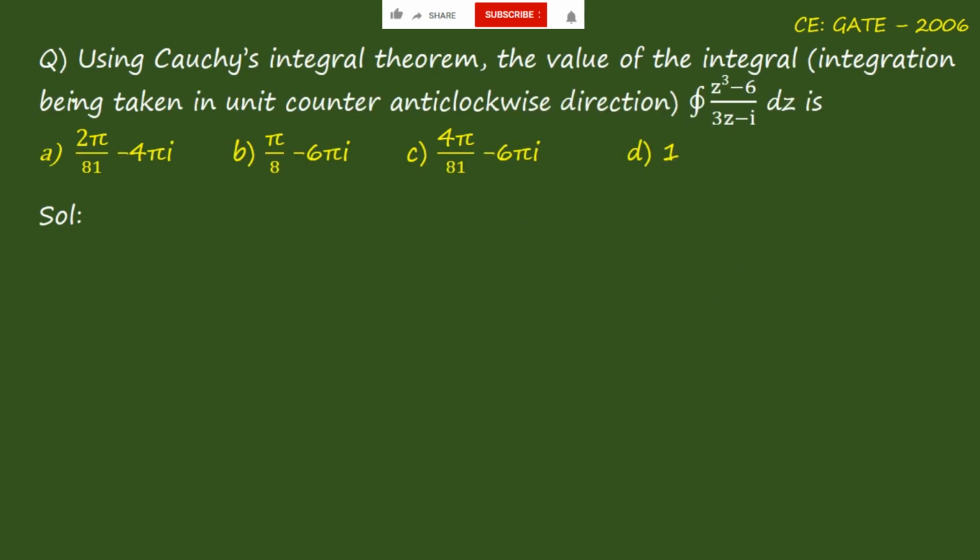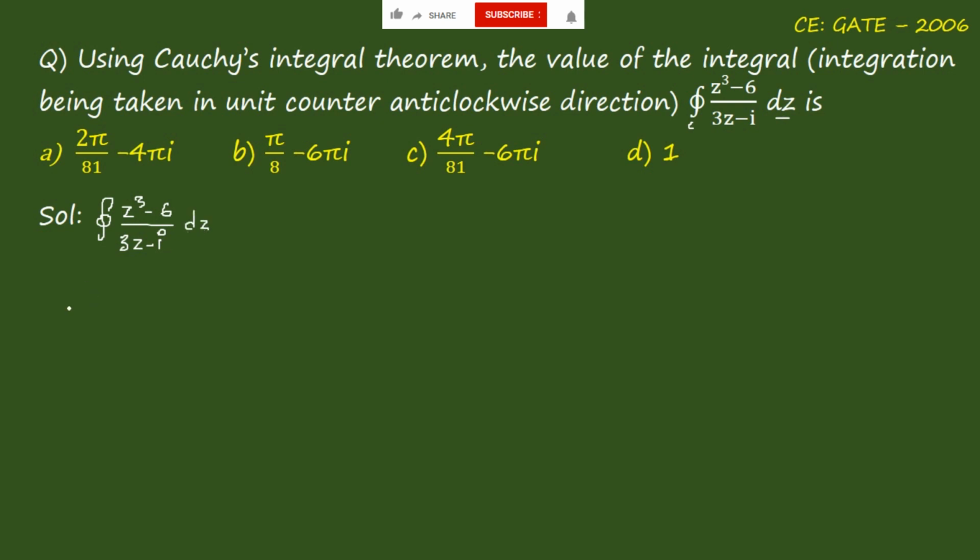Next question. The question is, using Cauchy's integral theorem, find the value of an integral, the given integration being taken over the unit circle in the anticlockwise direction. You have to consider the integral over a closed curve of z cube minus 6 by 3z minus i dz.